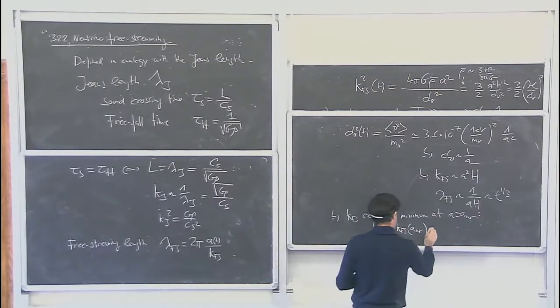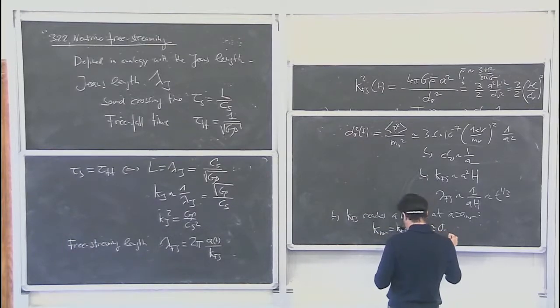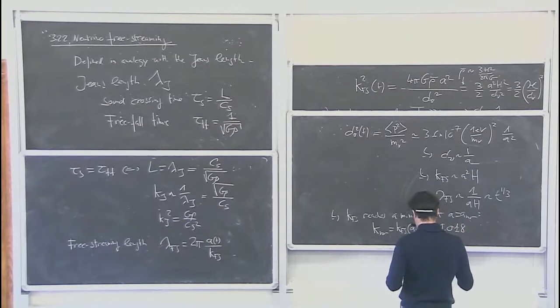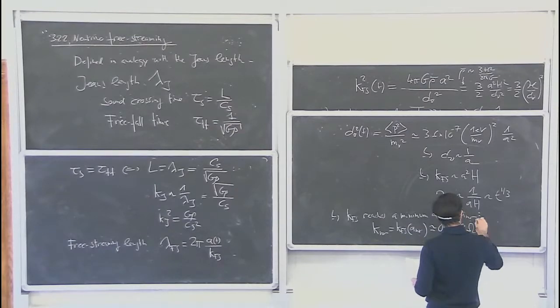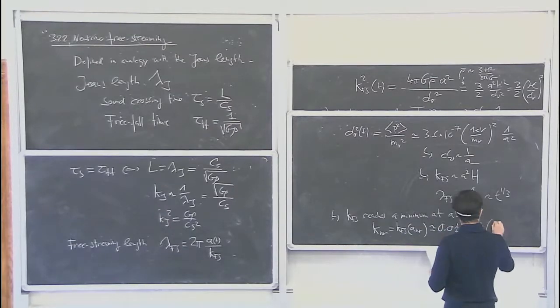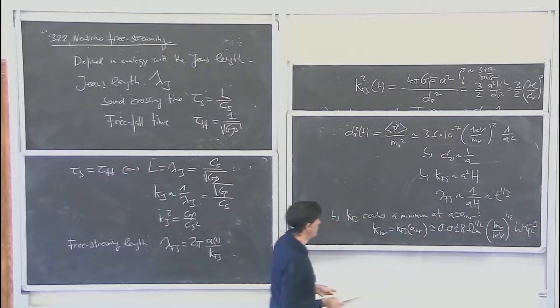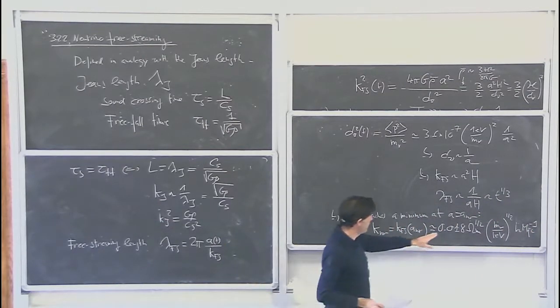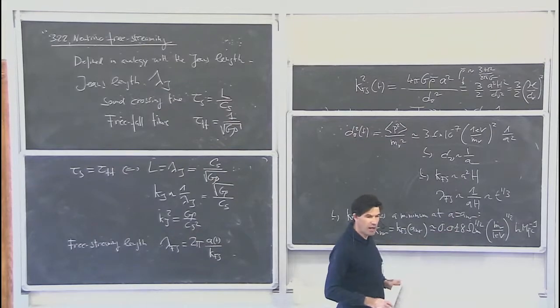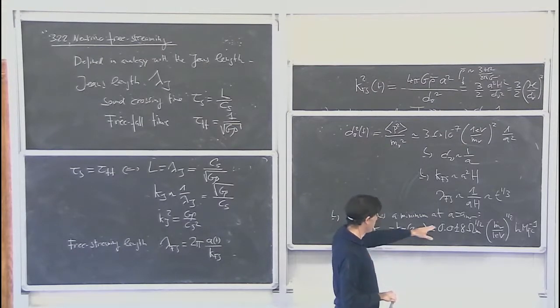Let me give it to you. It's approximately the following: 0.018 Omega_m^(1/2) h Mpc^-1. So it's somewhat larger scale than the k equivalence, which is approximately 0.02. And so it's on fairly large scales.